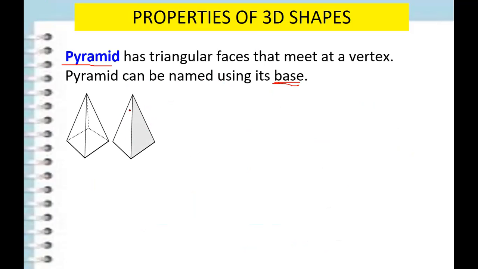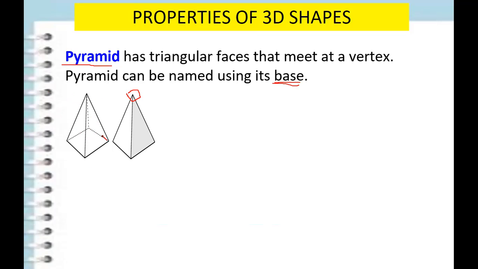They are all triangles, and all these triangular faces meet at a vertex. This is where they meet. If all the faces aside from the base are triangles, and there's no rectangle around, then it is a pyramid. If not, they are not pyramids.